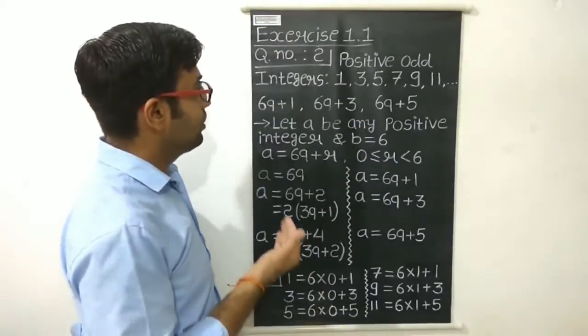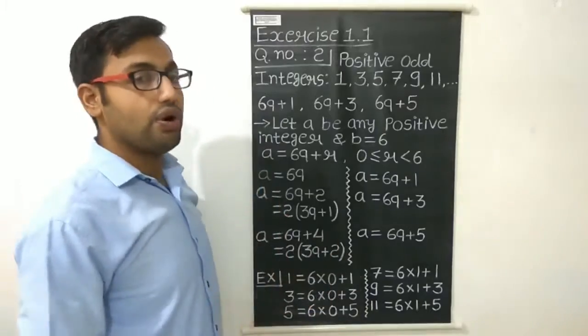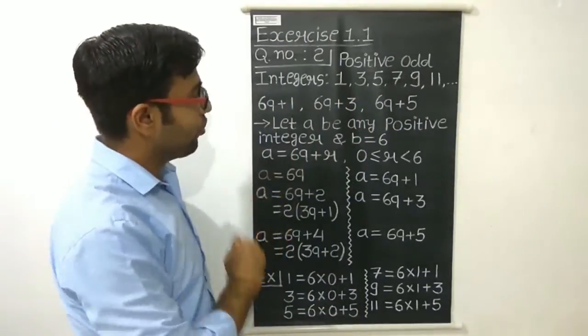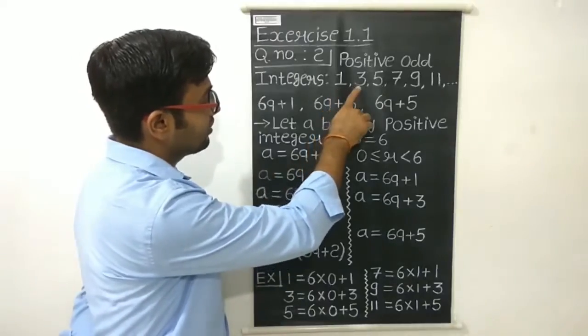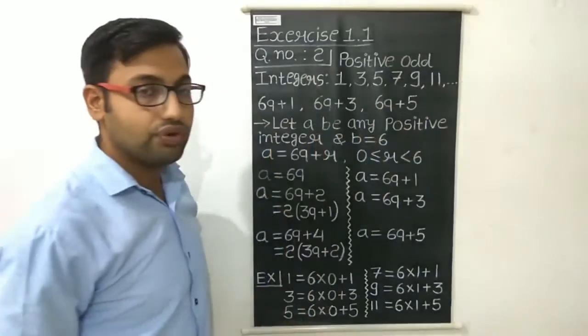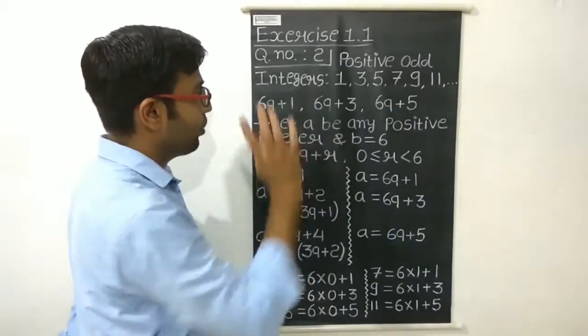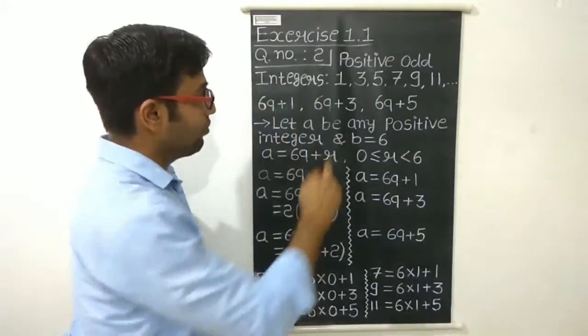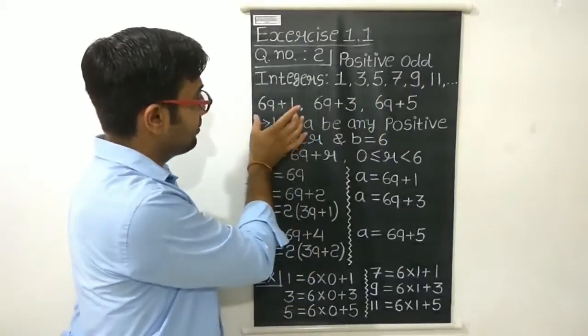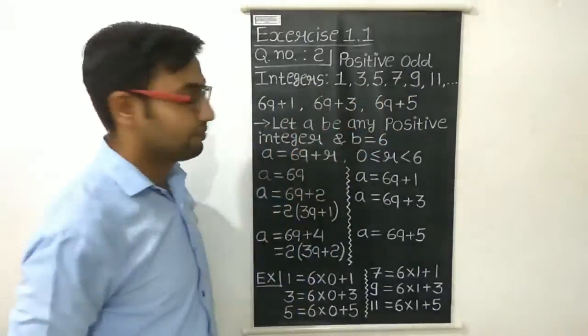So what are the positive odd integers? Positive odd integers are 1, 3, 5, 7, 9, 11 up to infinity, but only odd integers. Now we have to represent all these numbers in the form of this or this or this.